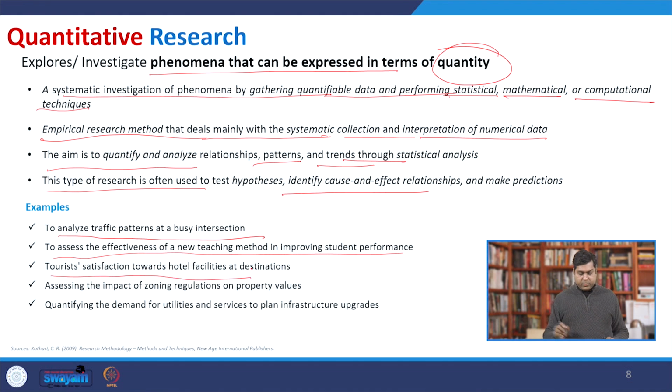Tourist satisfaction towards the hotel facilities at destination, there are different kinds of satisfaction you can quantify. Assessing the impact of zoning regulation on property value, quantifying the demand for utilities and services to plan infrastructure upgrade, so identifying the gap in infrastructure that we discussed.